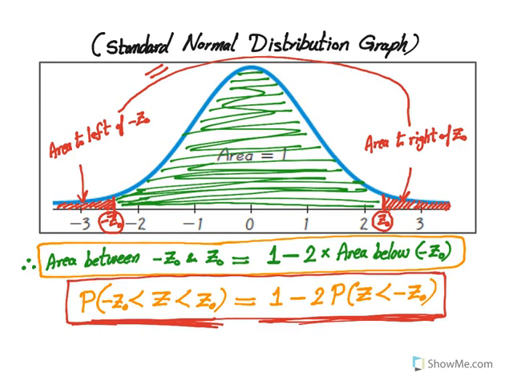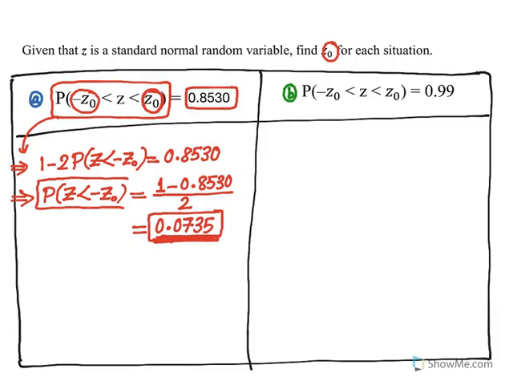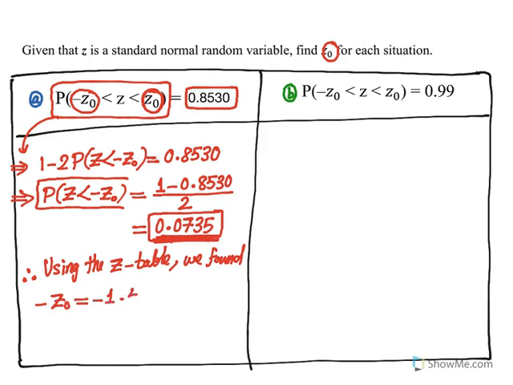So here you can say in the question, therefore, from the table, using the Z table, we found that negative Z0 is minus 1.45. Immediately, this implies what is Z0?